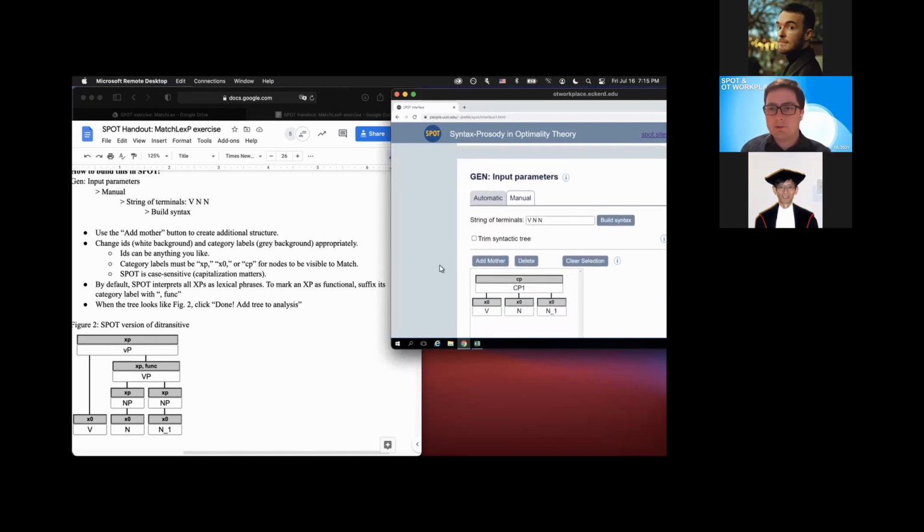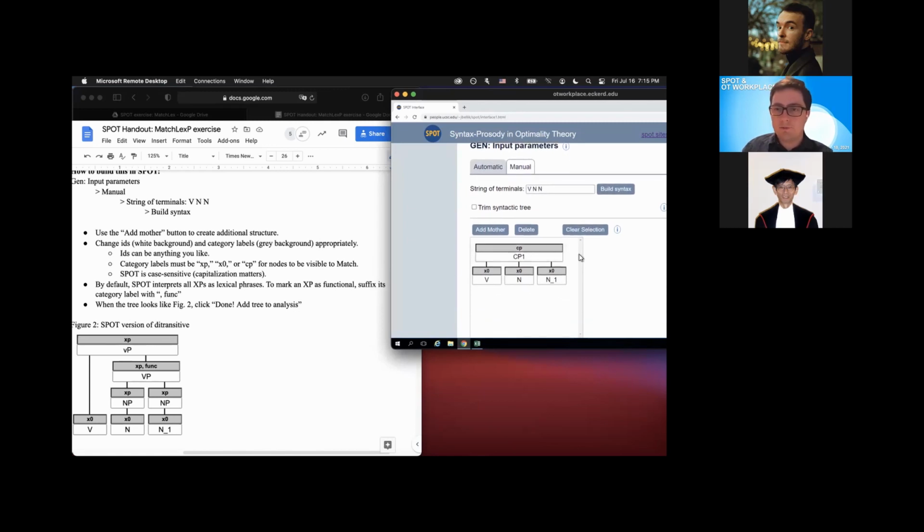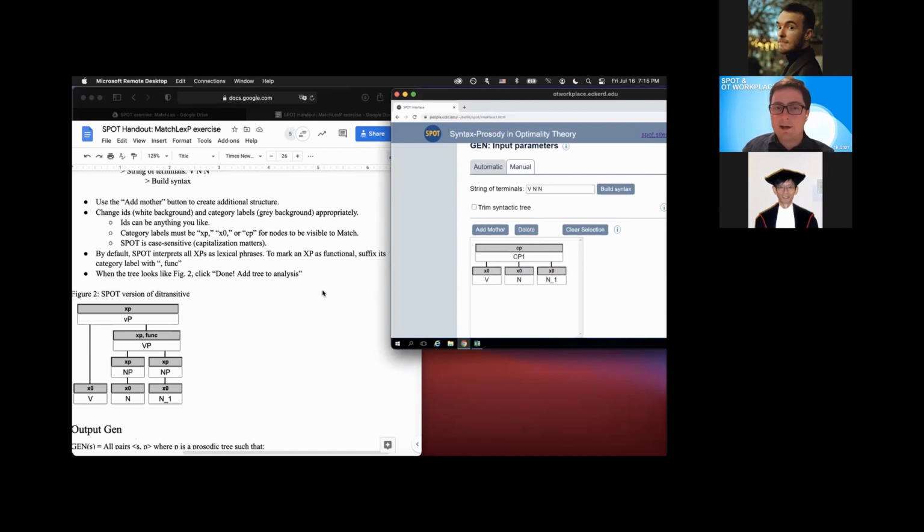And so what SPOT will give us is this sort of bare tree where we have the three heads, the three different words, and then we have a CP at the top. So we're going to want to add in this additional structure so that we get the syntax that we saw above.